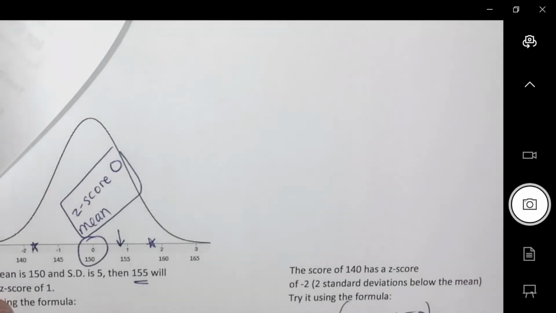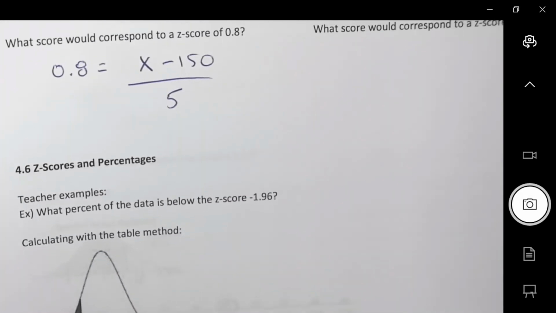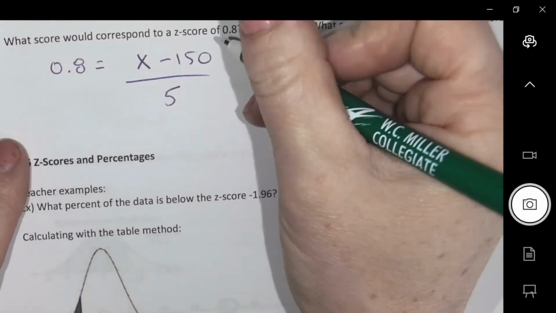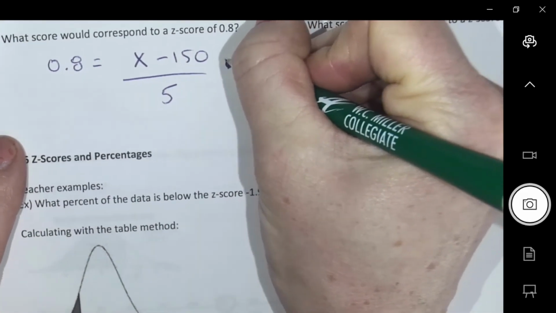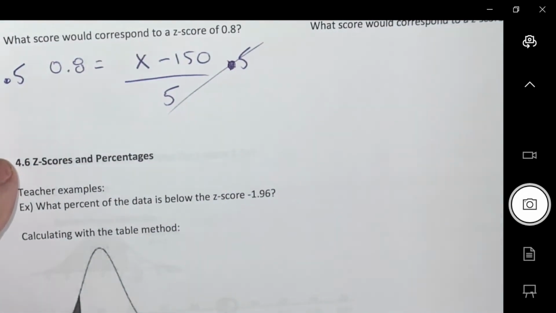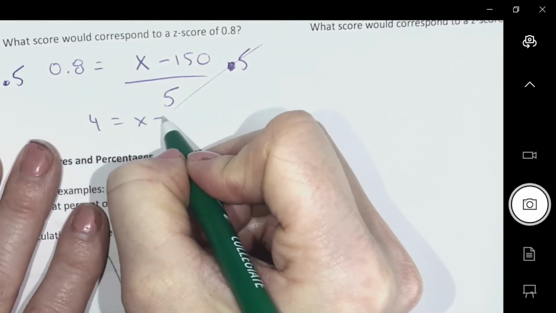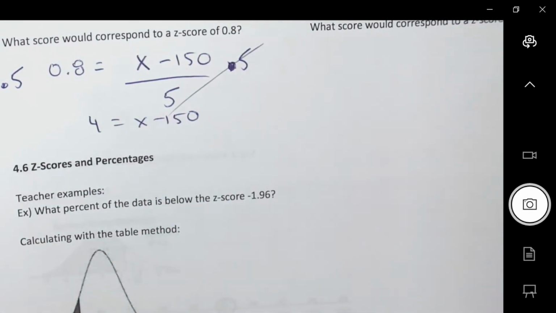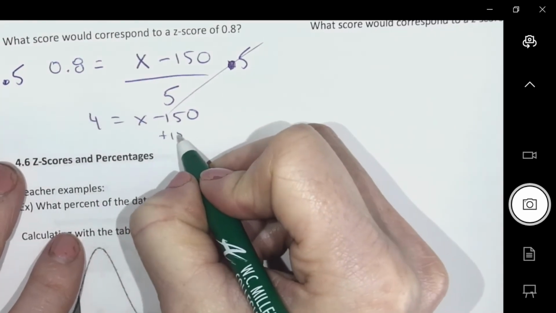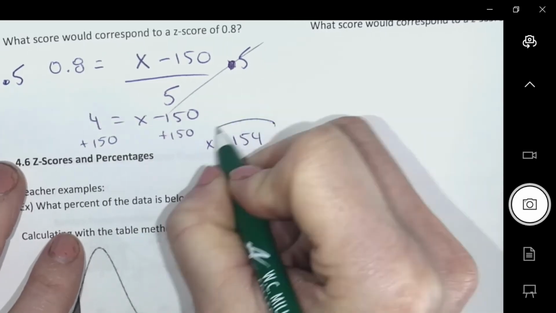So my guess is a score of 154. That's my guess. Okay, so what I'm going to do is get some algebra moves here. I'm going to times by 5 to get rid of that. And then I'm going to add 150. So 154.